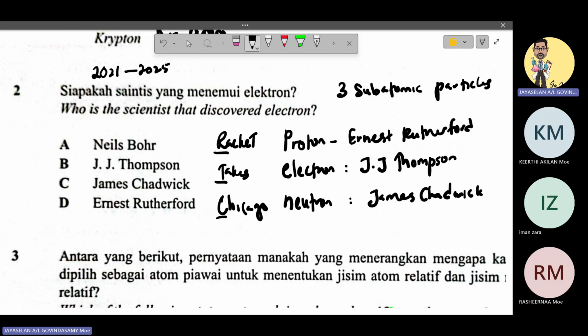So this year, make sure you all memorize. We have chapter 2 and chapter 4: chapter 4, periodic table, and chapter 2, atomic structure. So memorize proton, Rutherford; electron, Thomson; neutron, Chadwick. So the answer for electron will be J.J. Thomson. Any question?